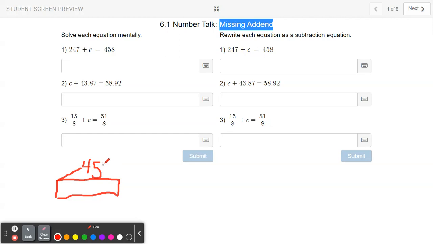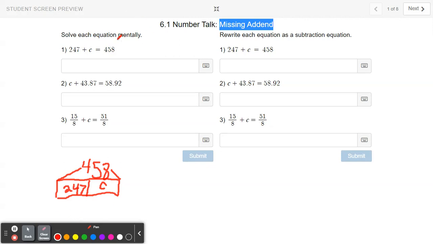If I have 458 total, so that's the answer, I know that I have to add 247 to some other number, which happens to be C. And if I add those two together, they total 458. So if I'm going to solve this, I know that I'm going to actually subtract.